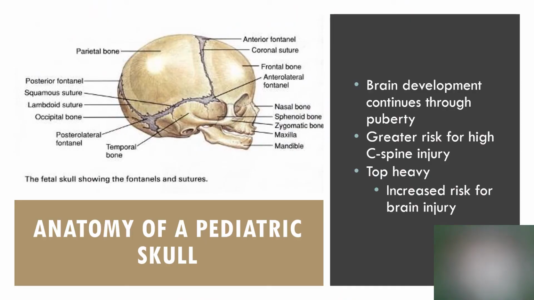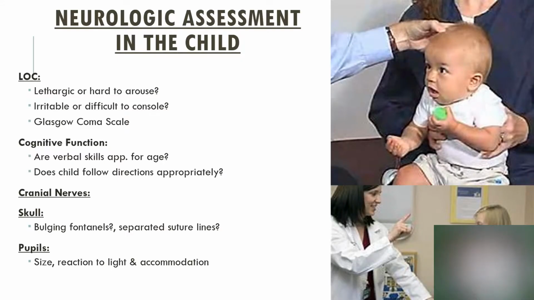Here's just a picture once again of the child's skull and fetal skull, and it shows those suture lines and those fontanelles, which we are always assessing, remembering that they close at different times, posterior closing earlier and anterior closing by no later than 18 months. Brain development will continue through puberty, and that is important for us to think about. We certainly know that sometimes risk-taking behaviors are the result of just not having full and complete brain development.